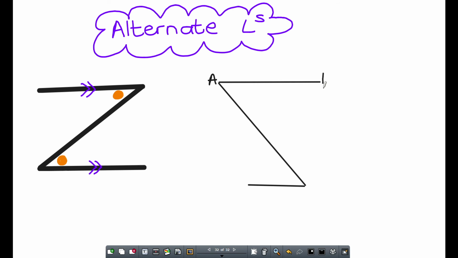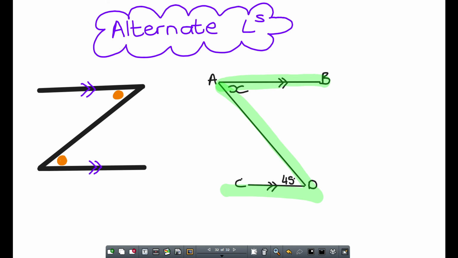Okay, so let's do an example. So A, B, C, D, and these two are parallel. So X, and that is 45 degrees. Yes, because I wanted you guys to see that there's a Z. Can you see it's just flipped around?